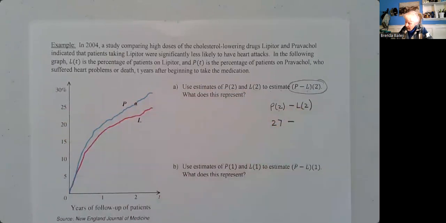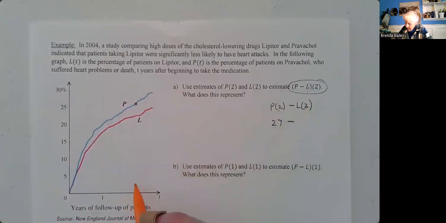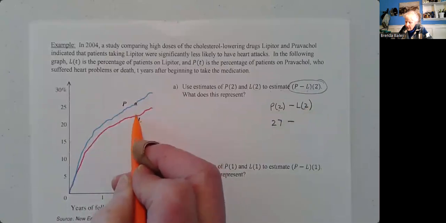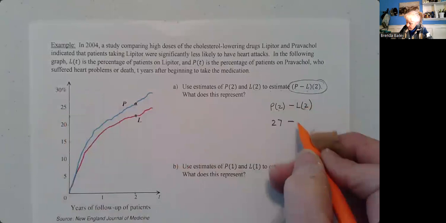minus L of 2. You go to 2 because that's the x. That's what we replace the x with. And you go up and it looks like, oh, wow, between those, 22.5. It's like right here, which is halfway between 20 and 25, which is 22.5.